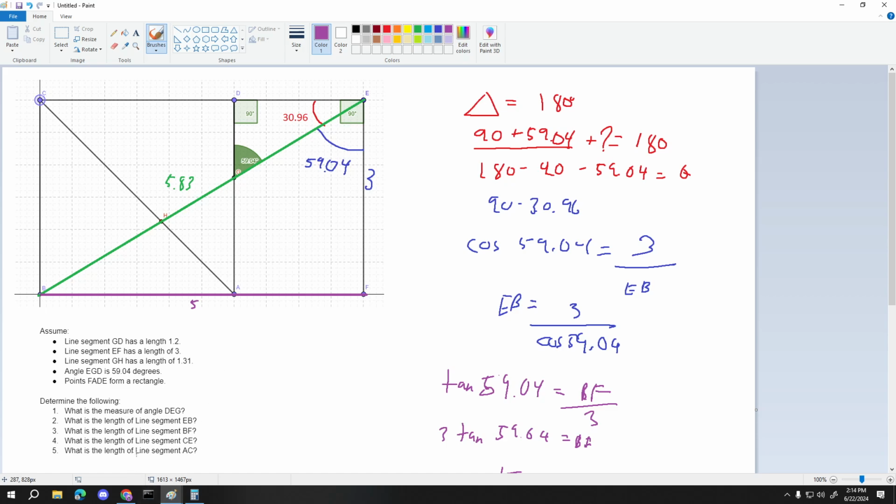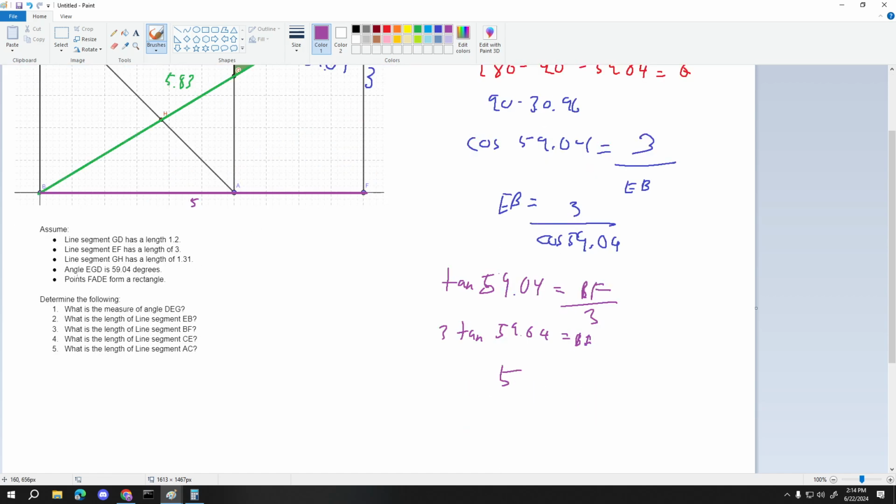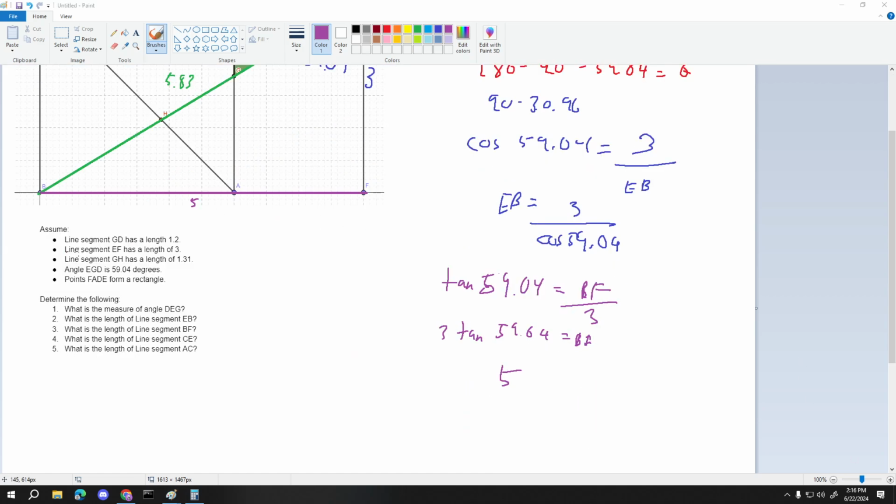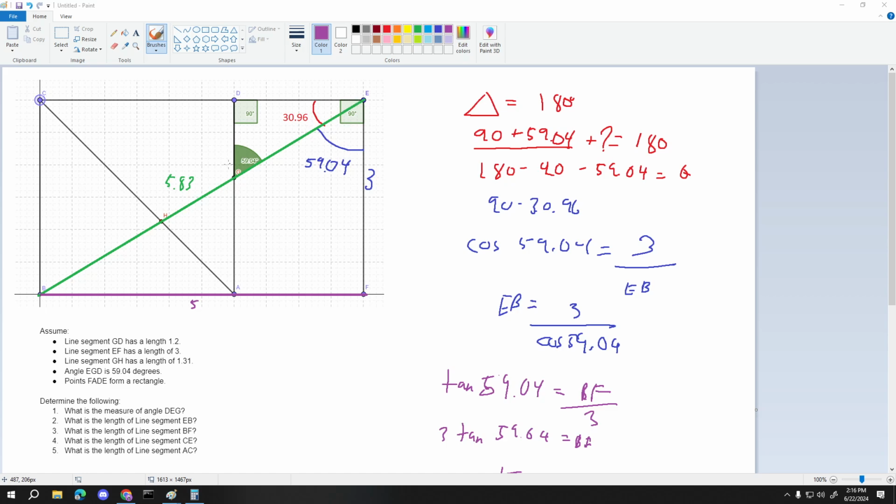Next, CE. What is the length of line segment CE? Okay, for line segment CE, we have 5.83 right here.